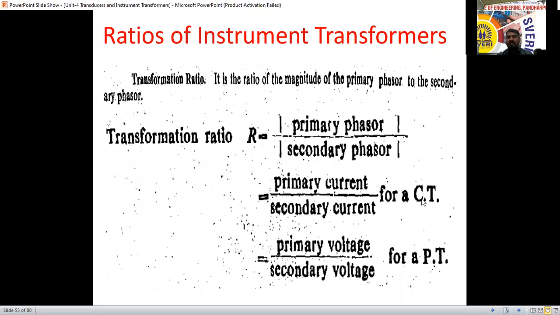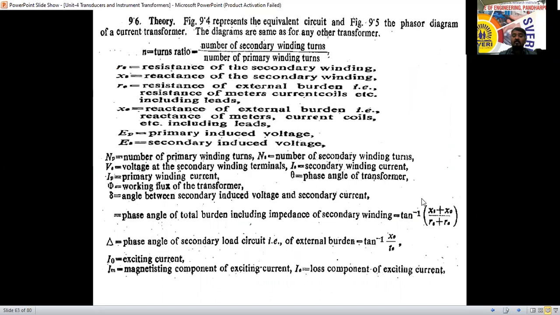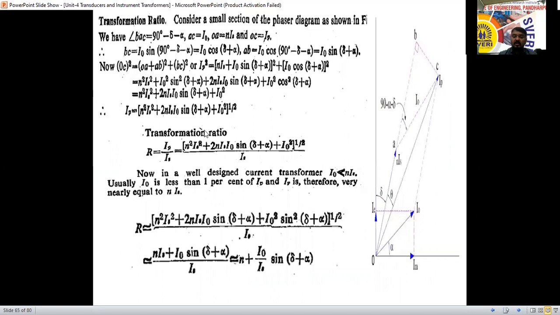By using this formula, we have derived the equation for IP only. By substituting here, the transformation ratio equals IP by IS. In place of IP, you substitute this whole thing, and I will divide by IS.